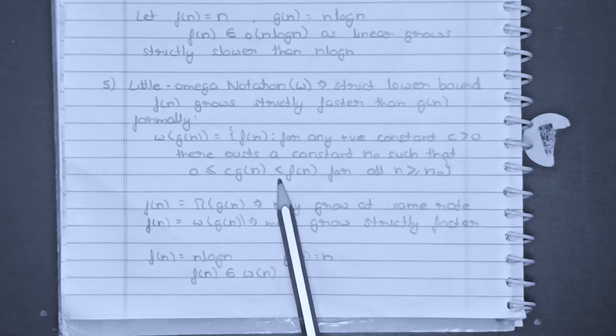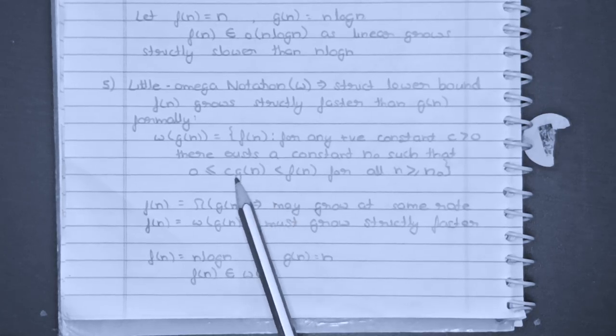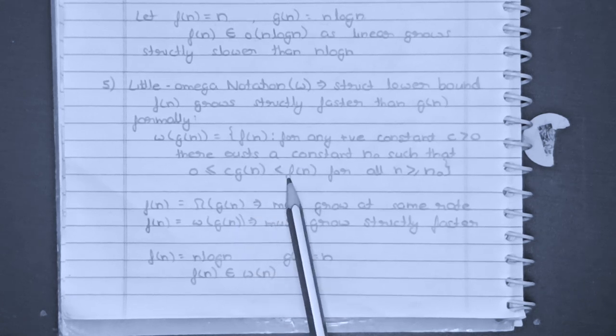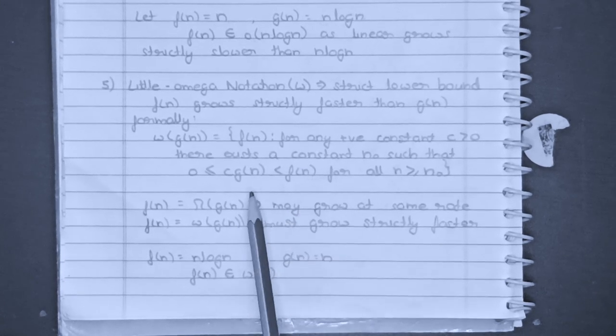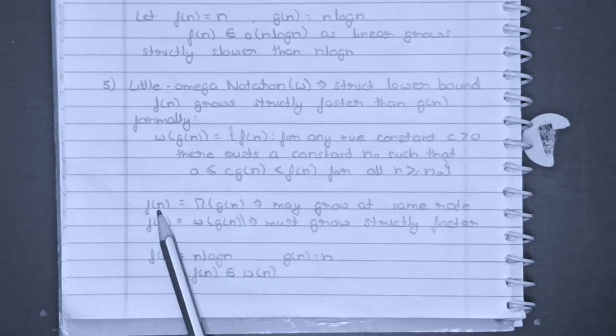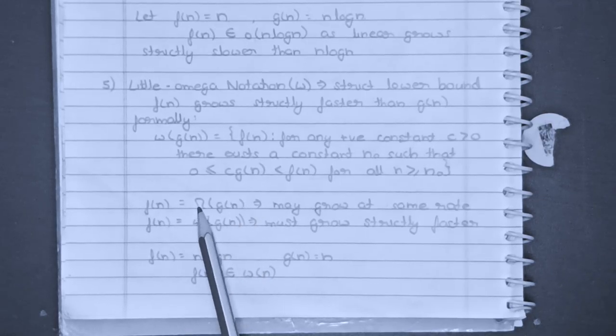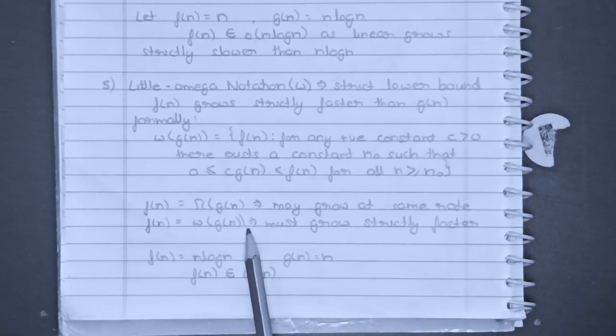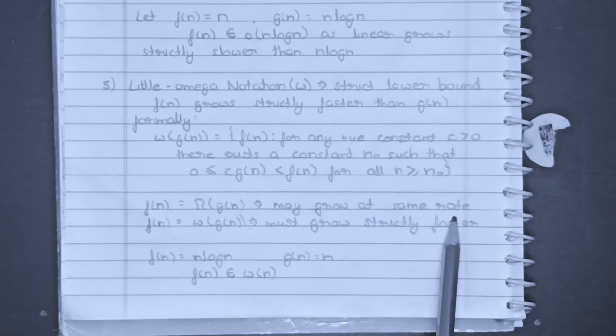Again, please note, in case of omega notation, c g(n) can be equal to f(n), but here c g(n) is strictly less than f(n). So omega notation can grow at the same rate as the original function, but in case of little omega notation, they are strictly faster.